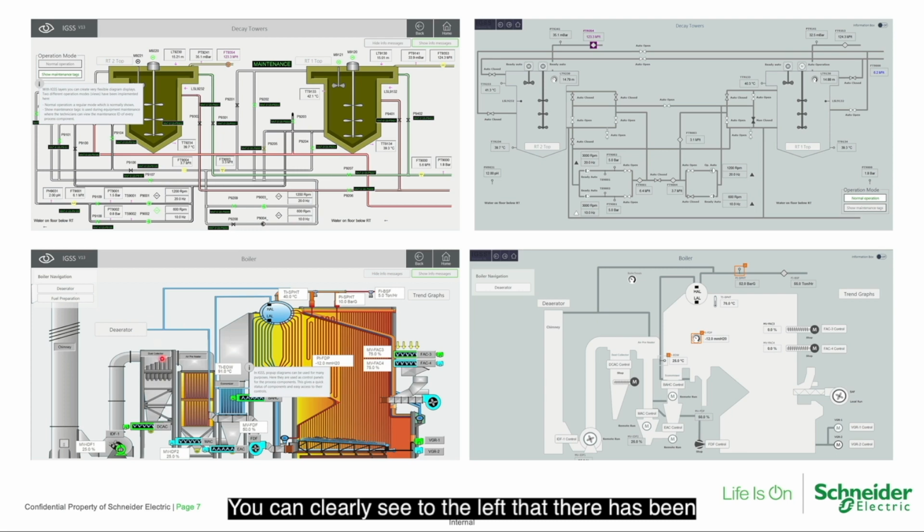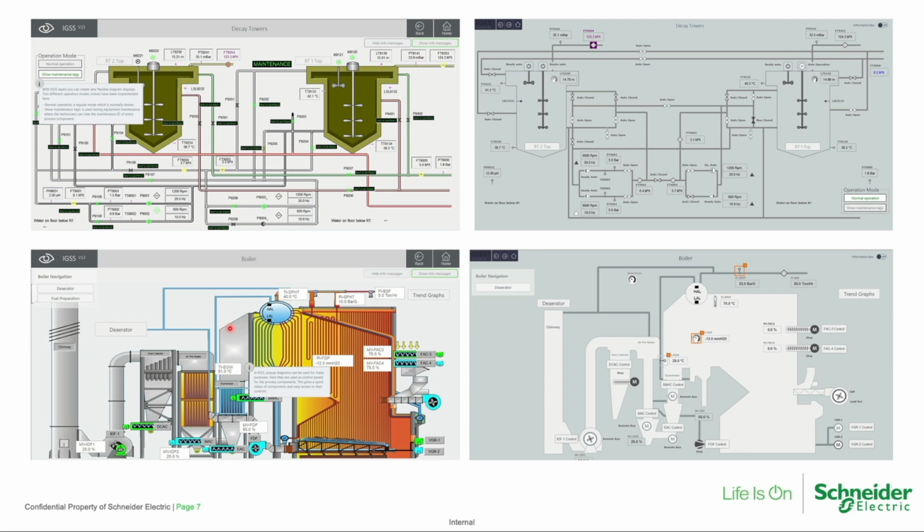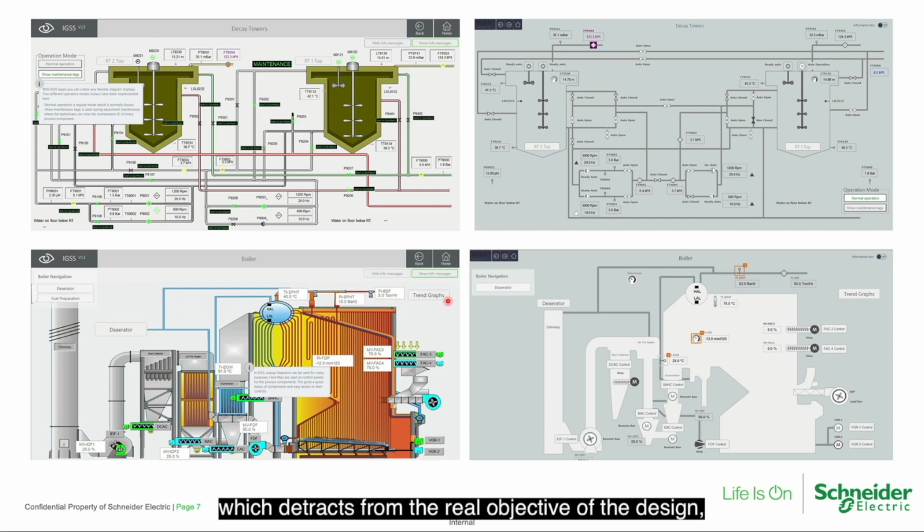You can clearly see to the left there has been an overuse of color and gradient in the display, which detracts from the real objective of the design, which is to monitor and control your operations.